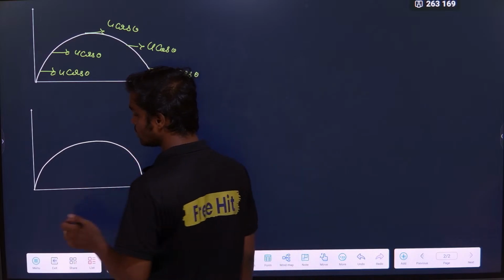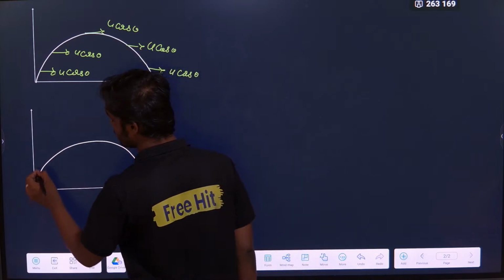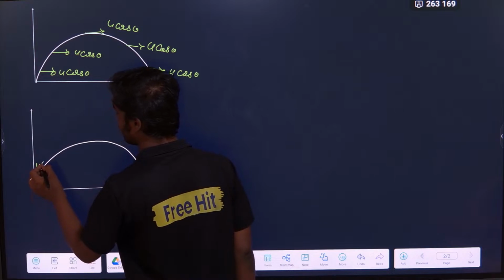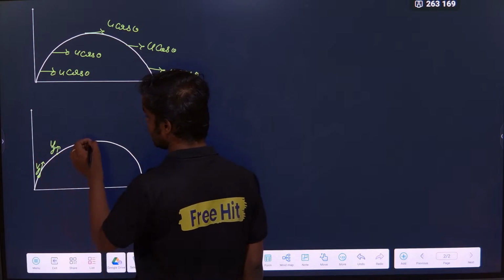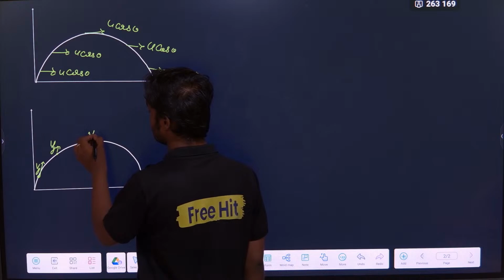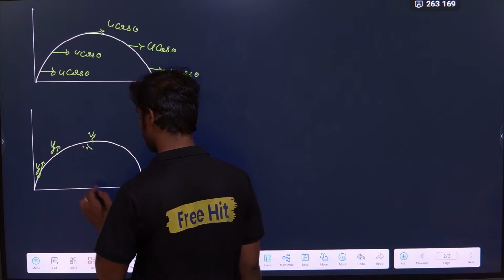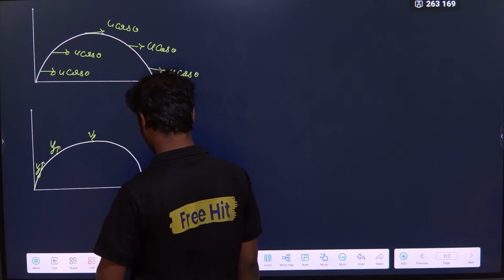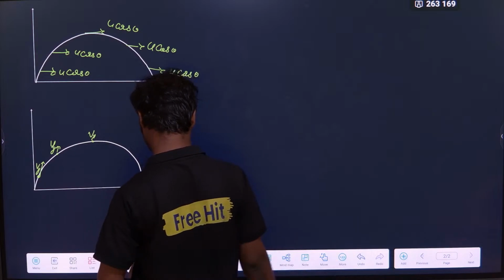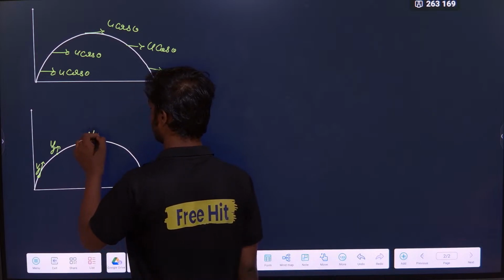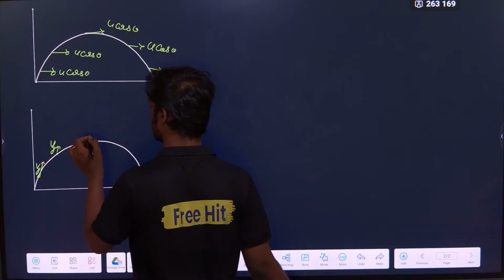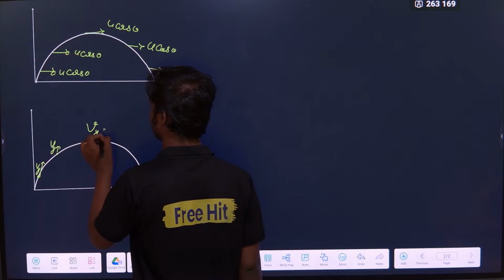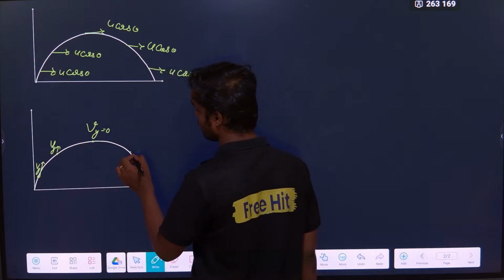But if you see the vertical velocity, initially the vertical velocity is maximum, then it will start decreasing. At this point my vy is equal to 0.